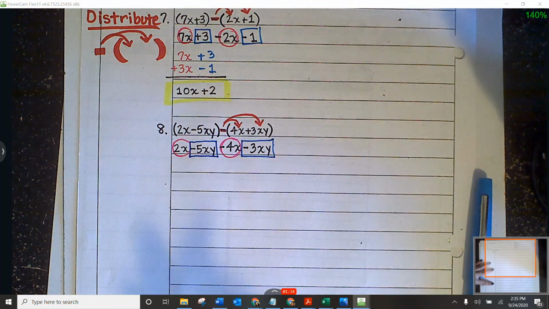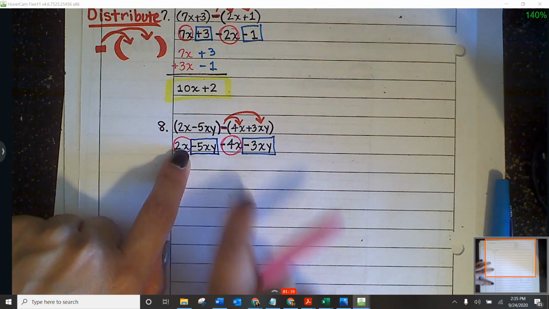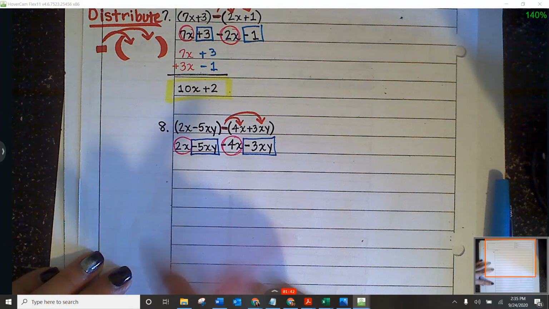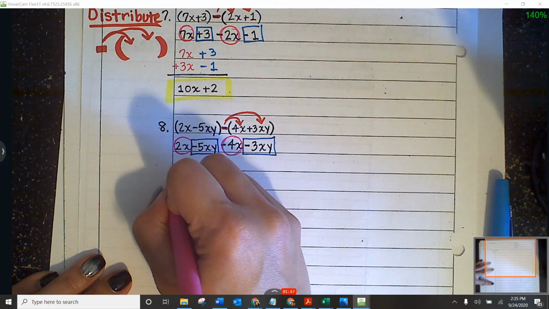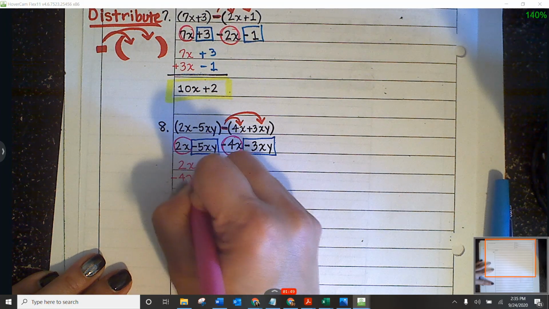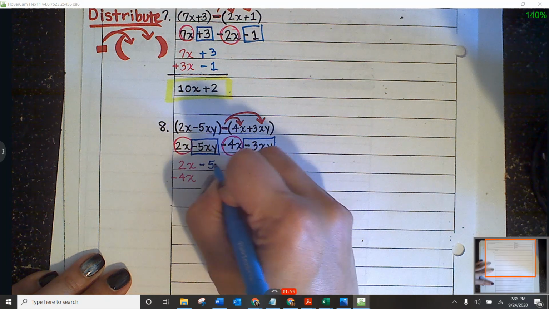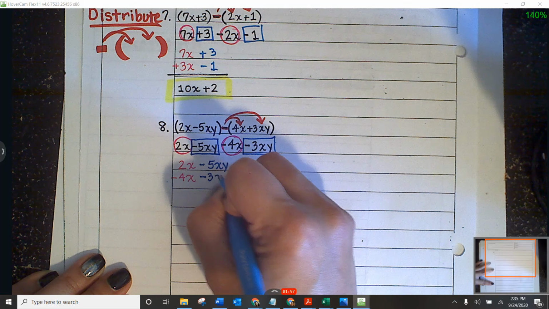Now remember, alphabetical order matters. This is just a solo x, and y comes after, so that would come second. So let's order this up. 2x minus 4x, and then negative 5xy minus 3xy.